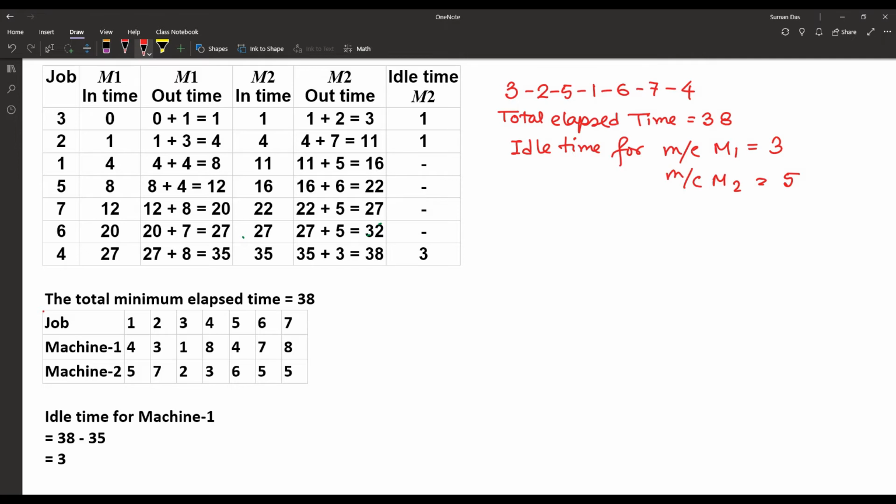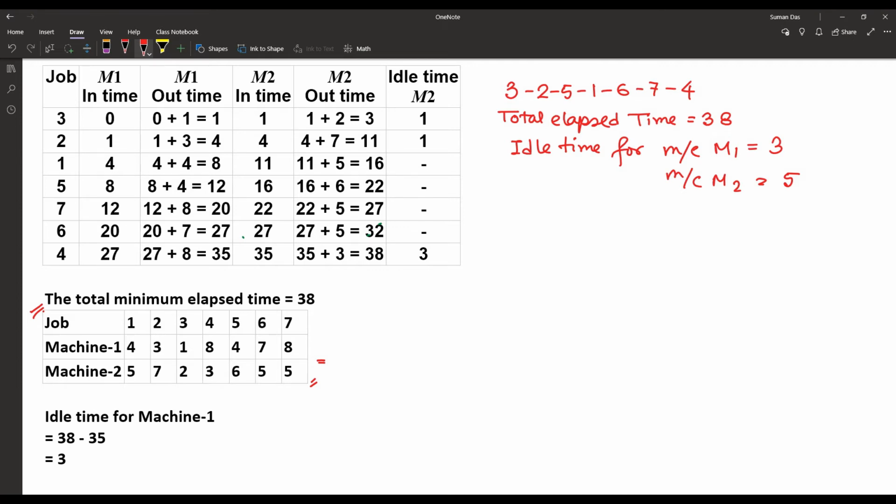Here the sequence has been changed for the job 1-5 or 5-1 and for 7-6 or 6-7. The table for the processing times has been given at first, and we are starting from machine M1.